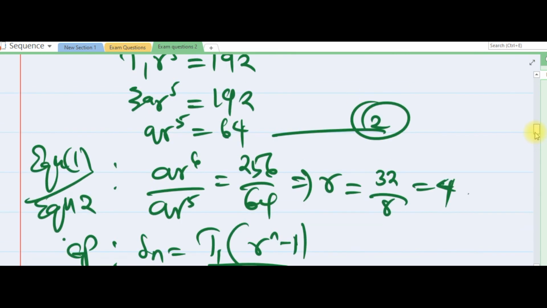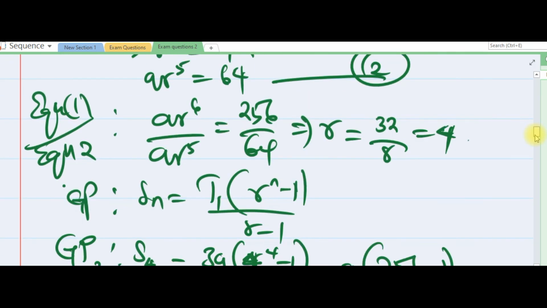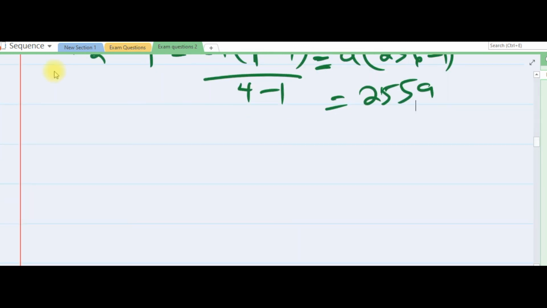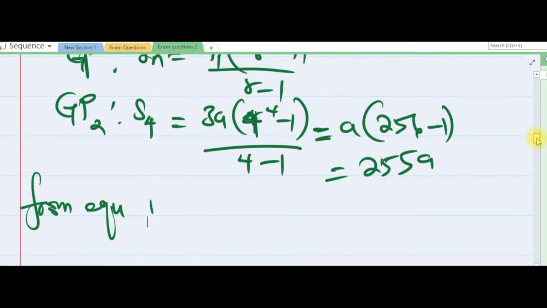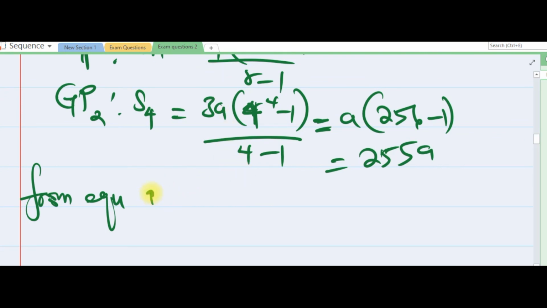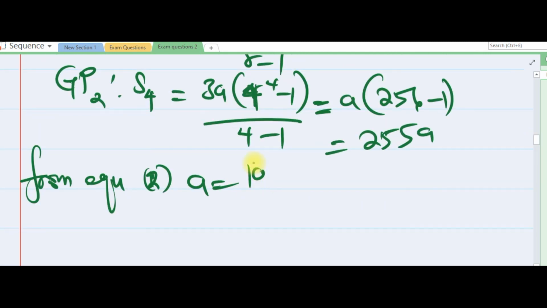So the next thing is to find the value of a. From equation 2, a is 64 over r raised to power 5.